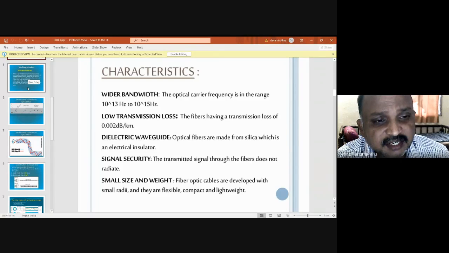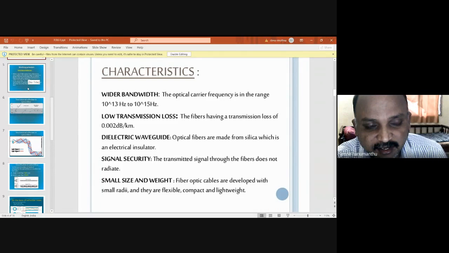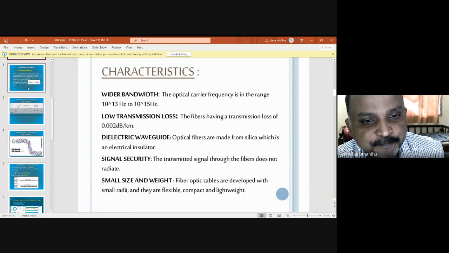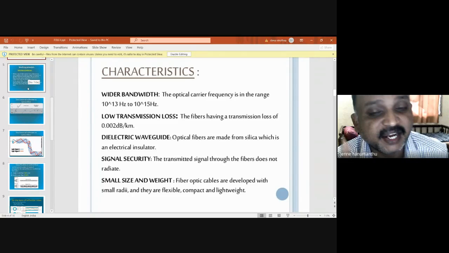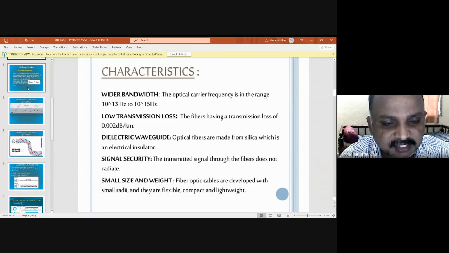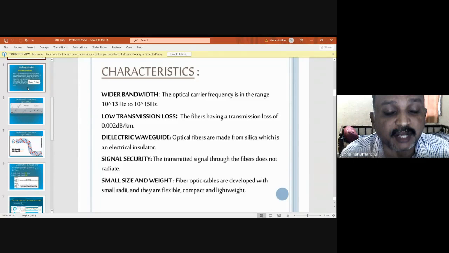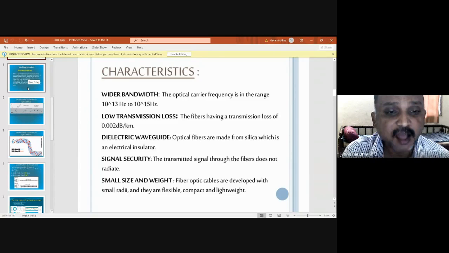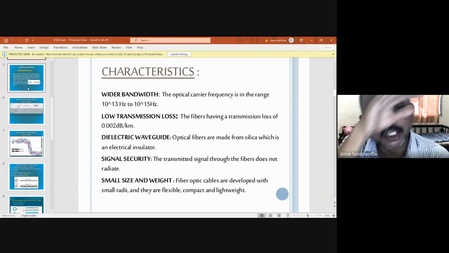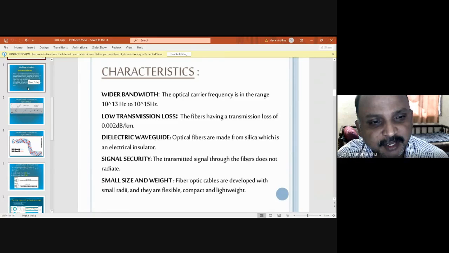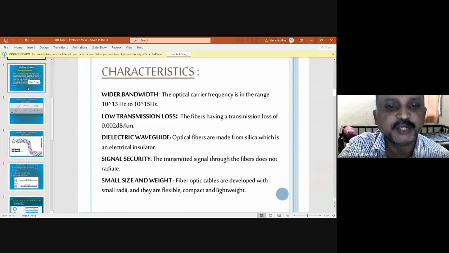So signal security means, when the light is propagating through the fiber, it does not radiate. Radiate means the light should be within the core, what we are expecting, but sometimes light may be out of the core. Some of the light may be out of the core, maybe in the cladding, sometimes after the cladding, in the jacket, or maybe out of the jacket, that means into the atmosphere.